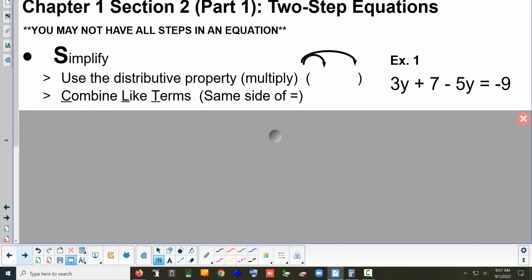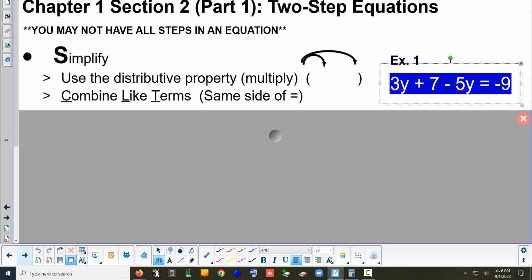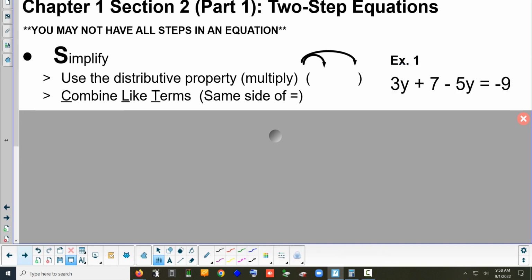I see a term with a y, and I see another term with a y. The 3y and the negative 5y need to be combined together under the simplify step. When I look at number 1, I don't see parentheses. So that means there's no distributive property. Okay, so I don't have to worry about that this time.